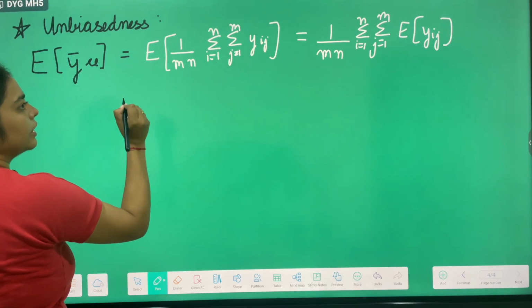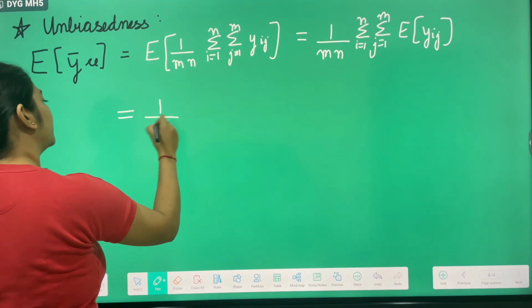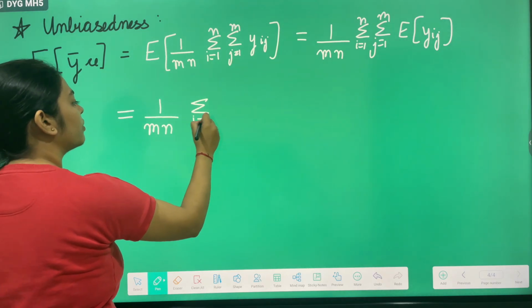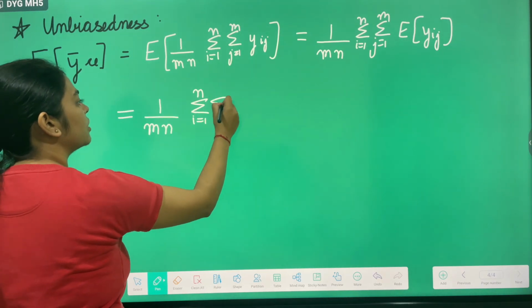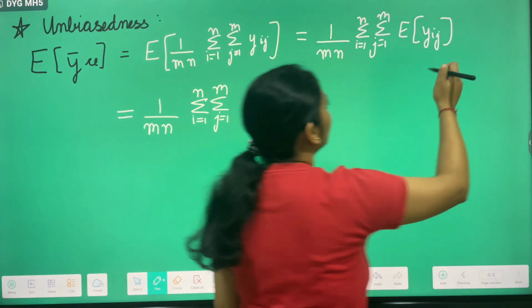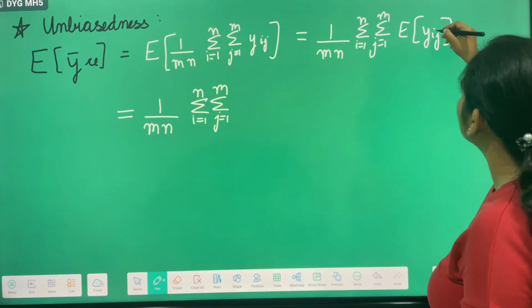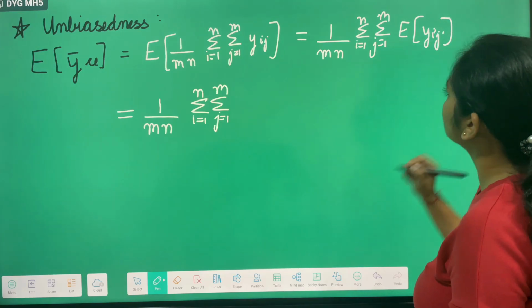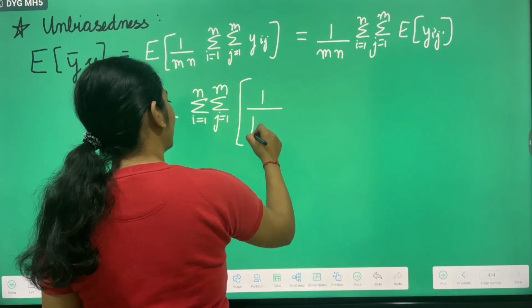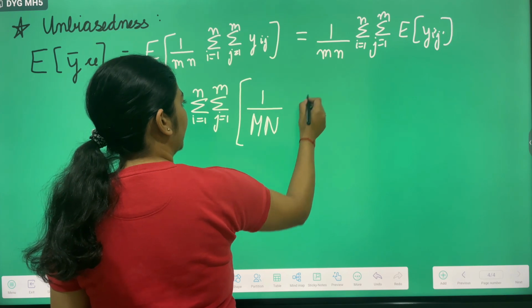So I'm writing it directly: 1 upon mn summation i from 1 to n summation j from 1 to m. Now we can take it as i dash and j dash. So we can write it as 1 upon capital M into capital N.